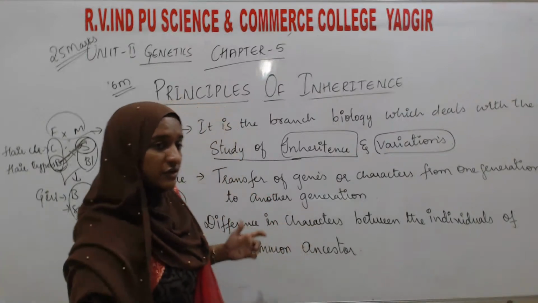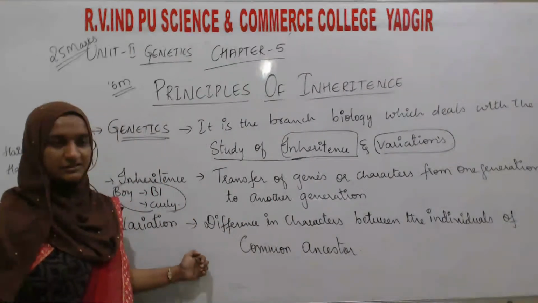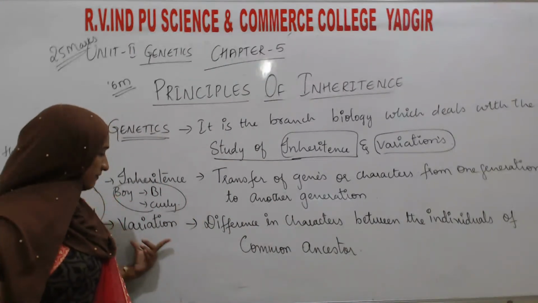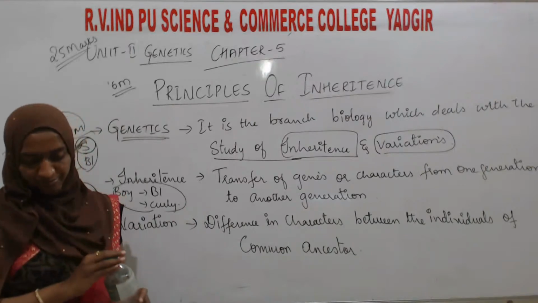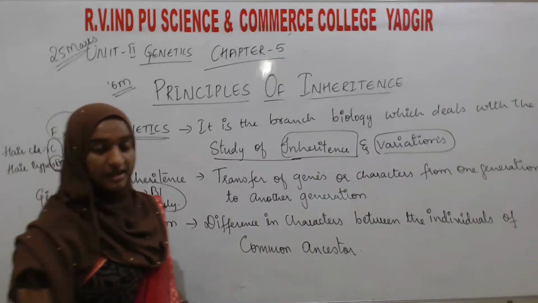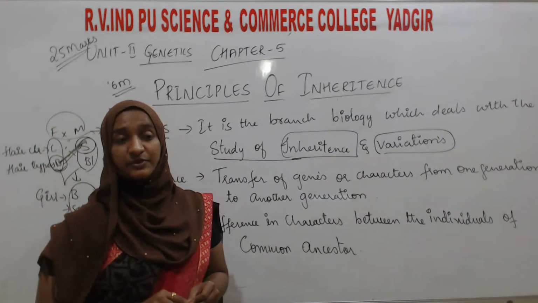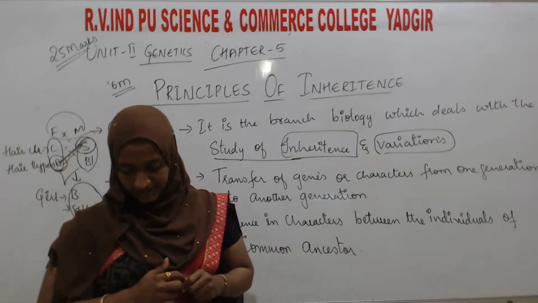So that process of differences between the individuals of the same parents or the same ancestor, we call it the variation. Why the variation takes place, why the inheritance takes place, all these things we have to study here.